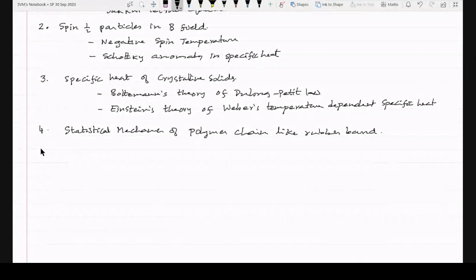For example, in the microcanonical ensemble, the macro state is a fixed value of energy, volume, and number of particles.